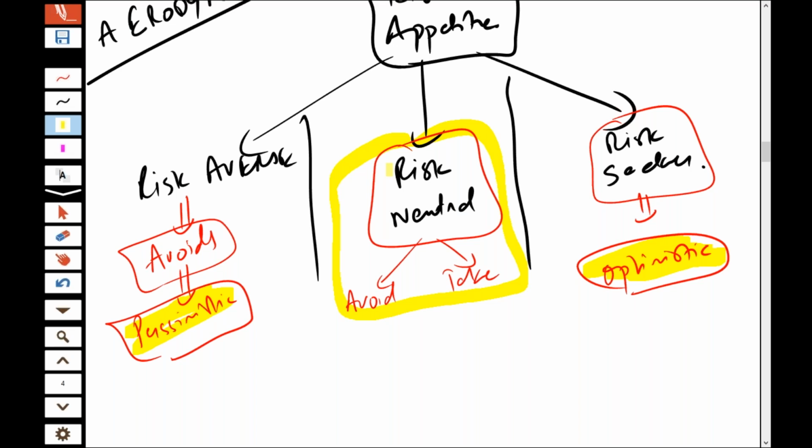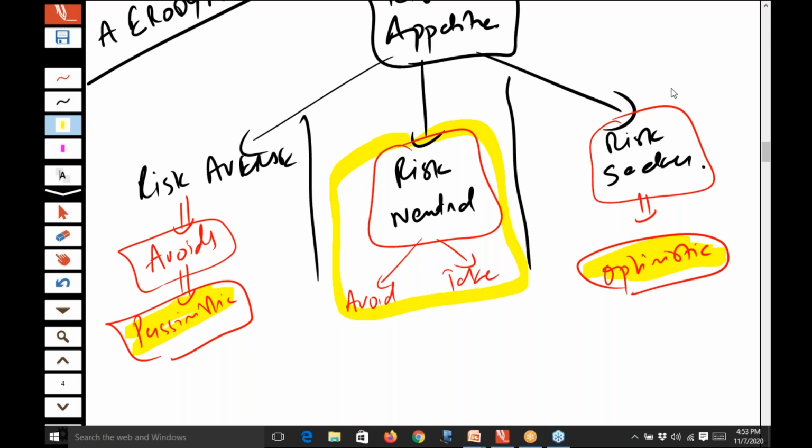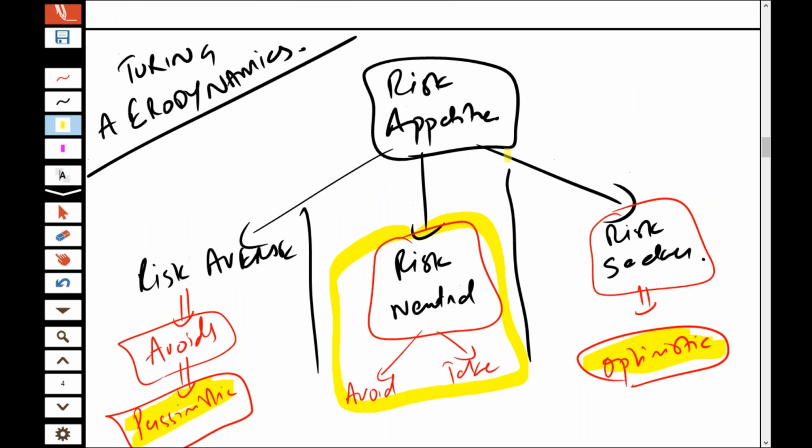Now let's move and discuss further. So these are the three different types of risk appetites. You could either be risk averse, risk neutral, or a risk seeker. Now let's move a bit forward.